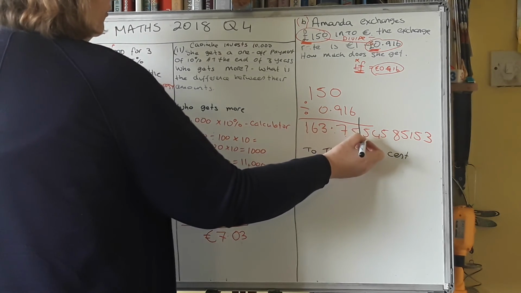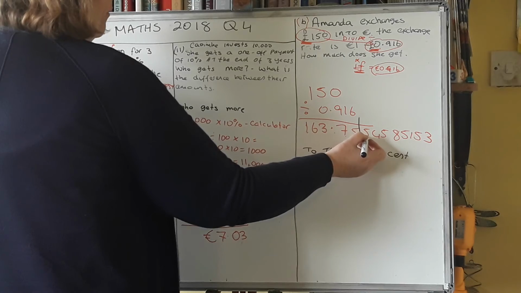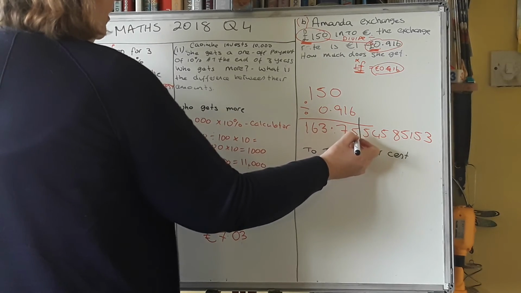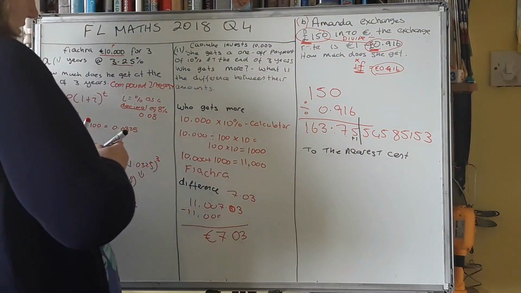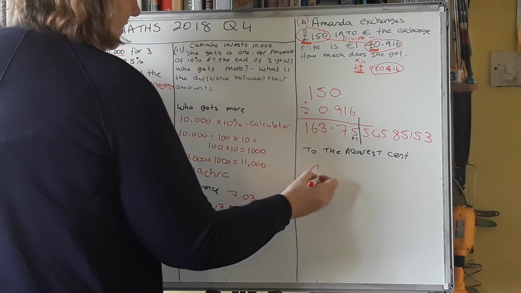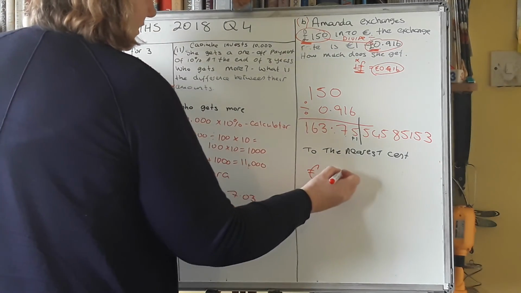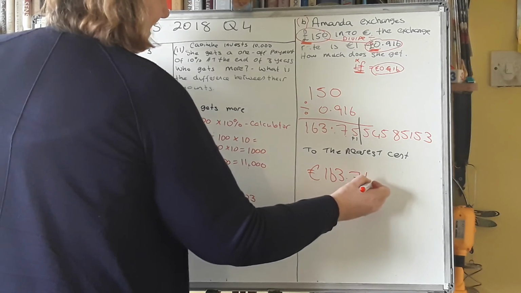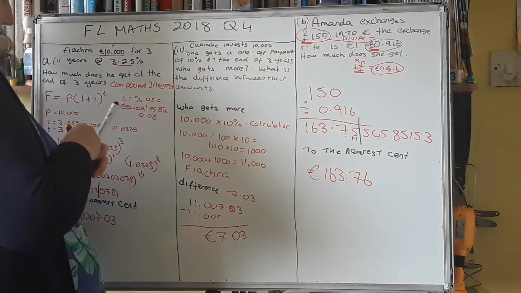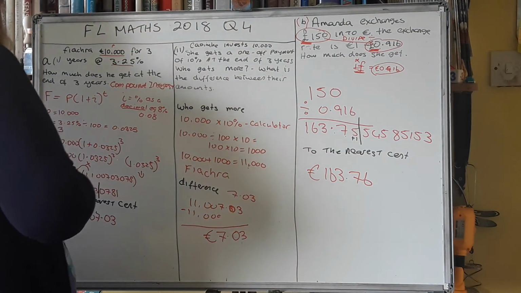Look at the number after the line. If it's a 5 or bigger, which it is, it adds 1 to the number before the line. So in this case, your answer is going to be €163.76. And that's how you get it correct to the nearest cent.